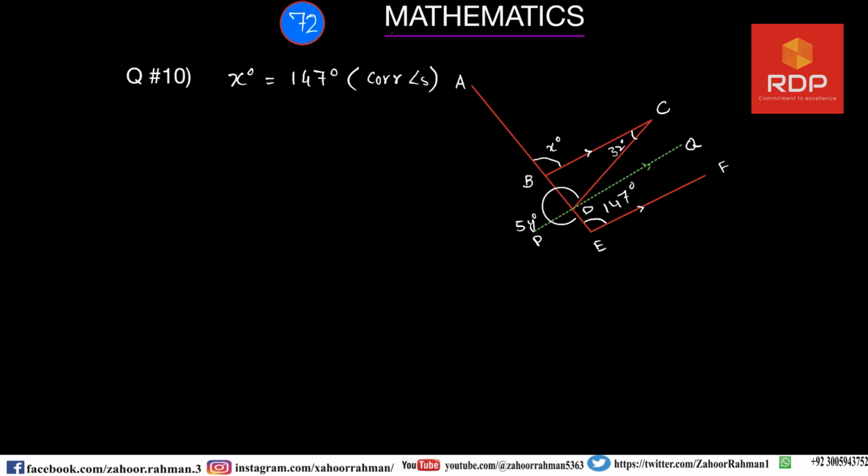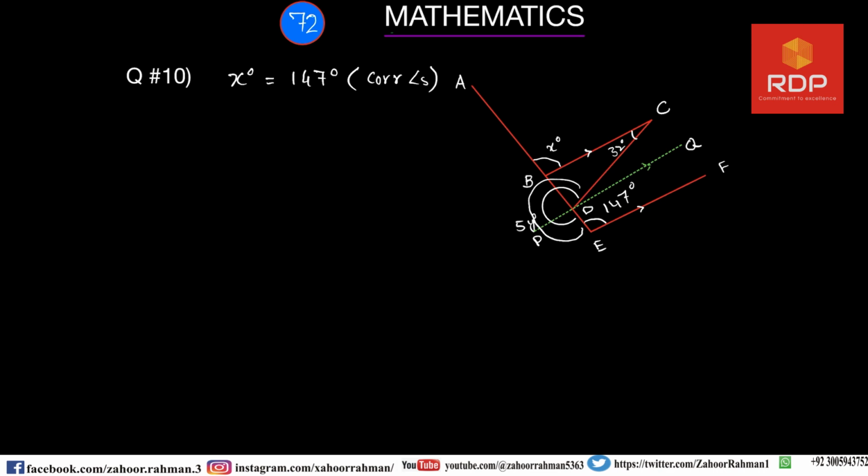Now the second part is telling us to find the value of 5y, that circular angle.